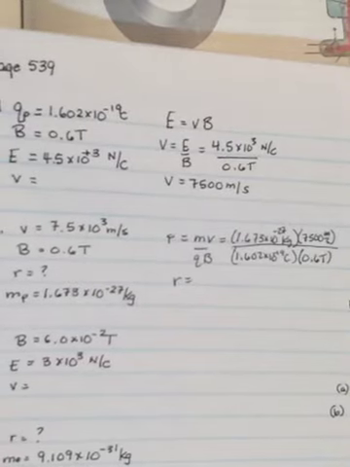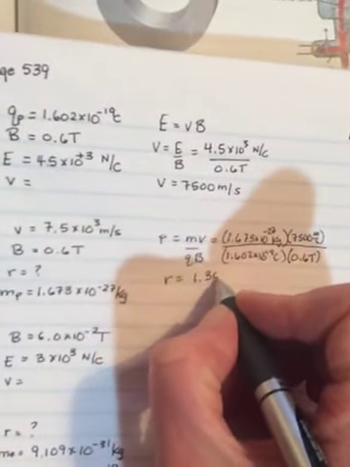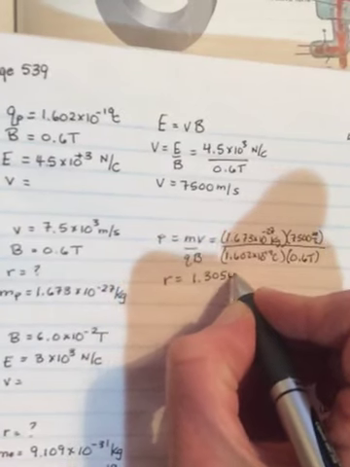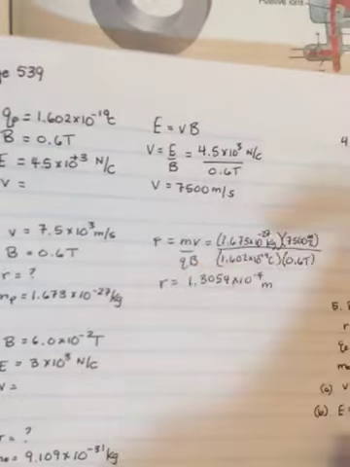Oh, I was right. 1.3054 times 10 to the negative 4, and that should be meters.